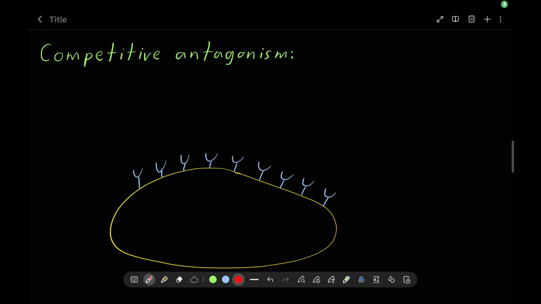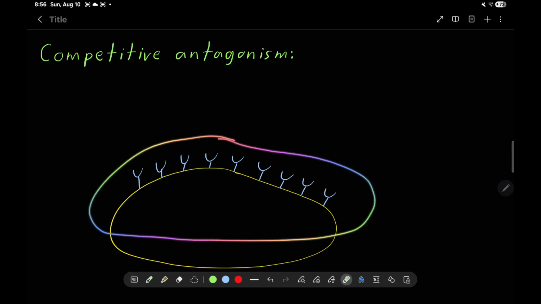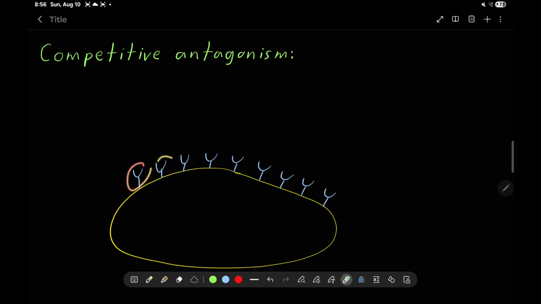So remember, with competitive antagonism, we have both agonists and antagonists which are competing to bind onto the same orthosteric sites. And as you can see here, we have a cell with a bunch of receptors. I'm being lazy and I'm only drawing the orthosteric sites and not the allosteric sites, because we don't really need to focus on allosteric sites for now, because remember, with competitive antagonism, both your agonists and antagonists are competing to bind onto the same orthosteric sites.